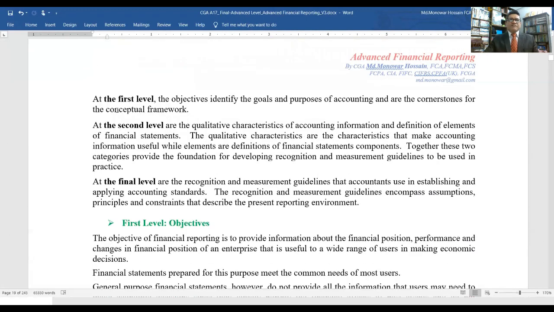If we see the first level, the objectives identify the goals and purpose of accounting and are the foundation for the conceptual framework.